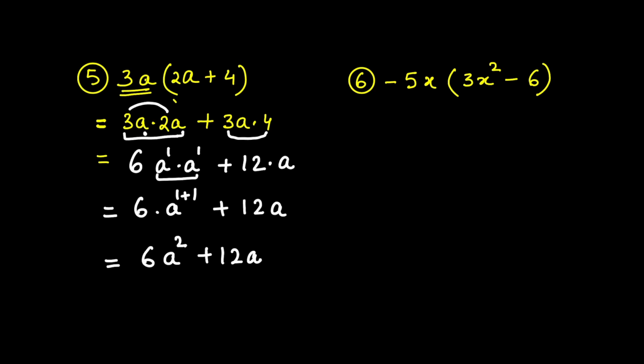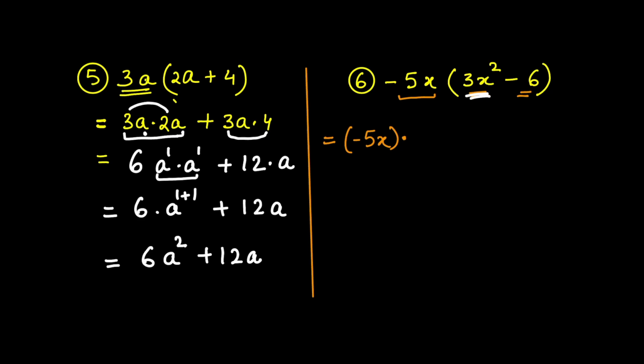Now going to the next example, example 6. So again we have a monomial multiplied to a binomial. So for these kind of questions, again we follow the same step. So first we distribute it. So minus 5x will be multiplied to both of these terms. Since the outer number is a negative number, it's always good to put that in bracket, and then we write times this first number here.